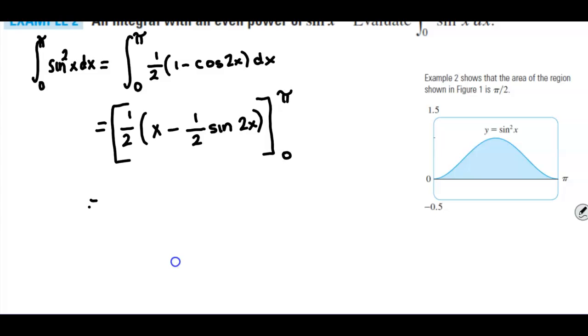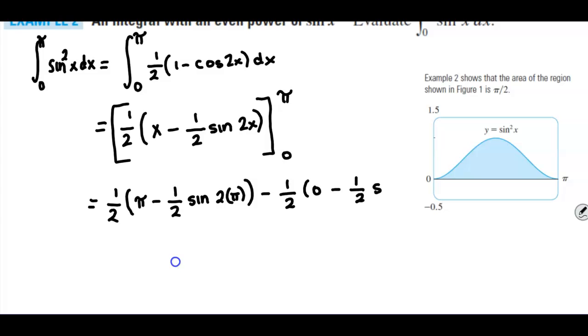So now we can go ahead and solve this definite integral. So what we have is 1/2 times pi minus 1/2 sine of 2 pi, minus 1/2 times 0 minus 1/2 times the sine of 0.